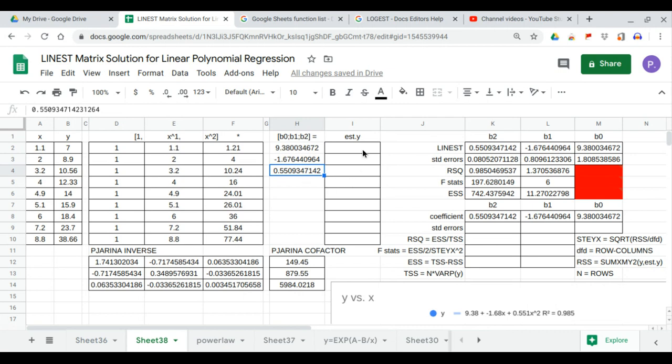Now we can calculate the estimated y using this equation. This matrix multiplied with this matrix will give you the estimated y. So MMULT of this matrix and the coefficients.